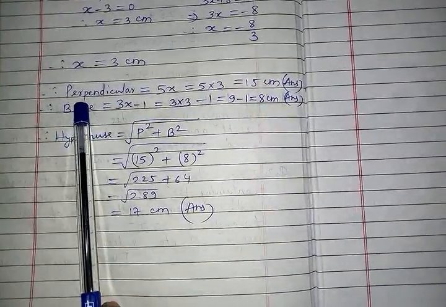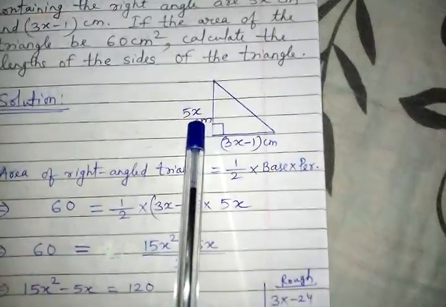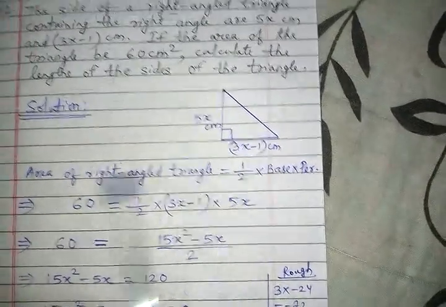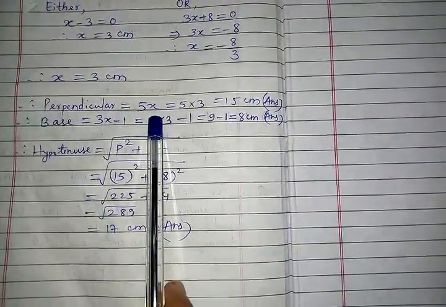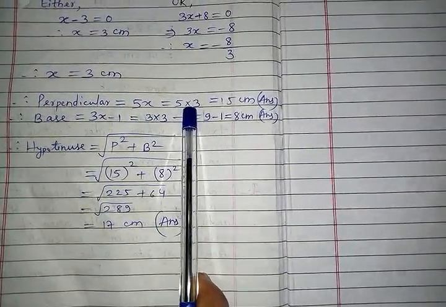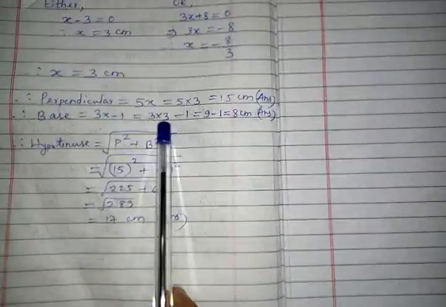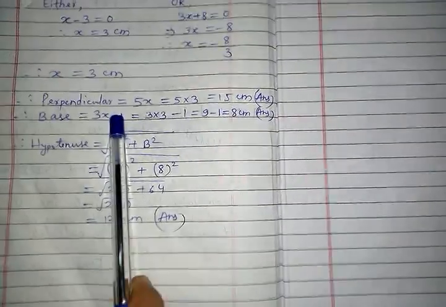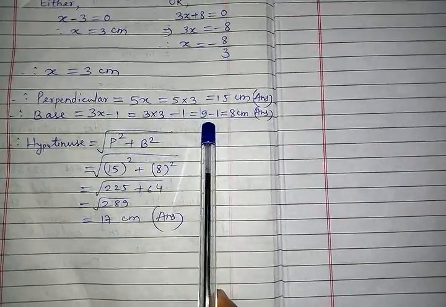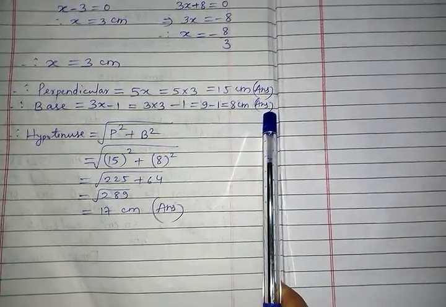Now we know perpendicular is 5x. I will show you the diagram, children. Here you can see perpendicular is 5x, base is 3x minus 1. Perpendicular is 5x, that is 5 into 3, 15 centimeter. Base is 3x minus 1, that is 3 into 3, because the value of x is 3, minus 1, which is 9 minus 1, equal to 8 centimeter.